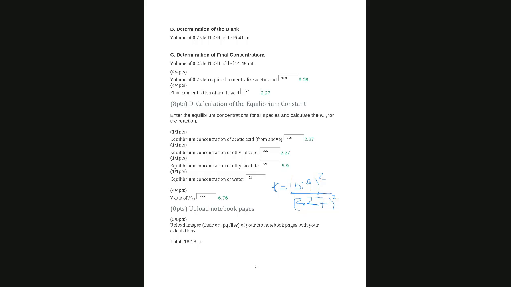So the calculation, as you've seen, compared with what you have done for the previous two experiments, is much, much simpler. So I think this is a good stopping point.